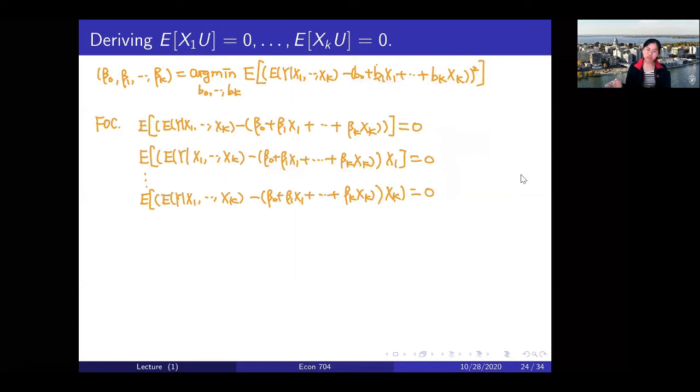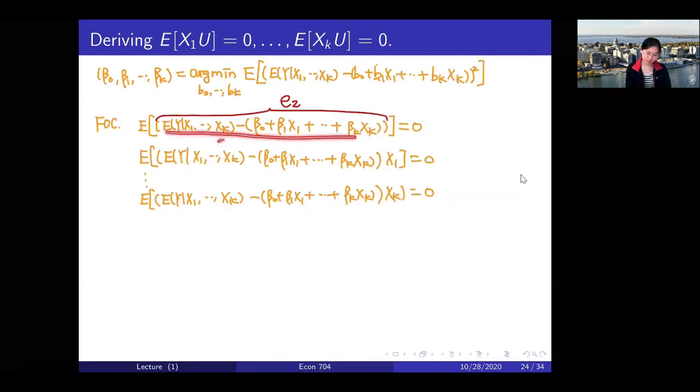Now, I'm not going to solve this equation, but instead, I'm going to define this difference between the conditional mean and the linear projection to be E2. And E2 is the approximation error of using the linear projection to approximate the conditional mean.